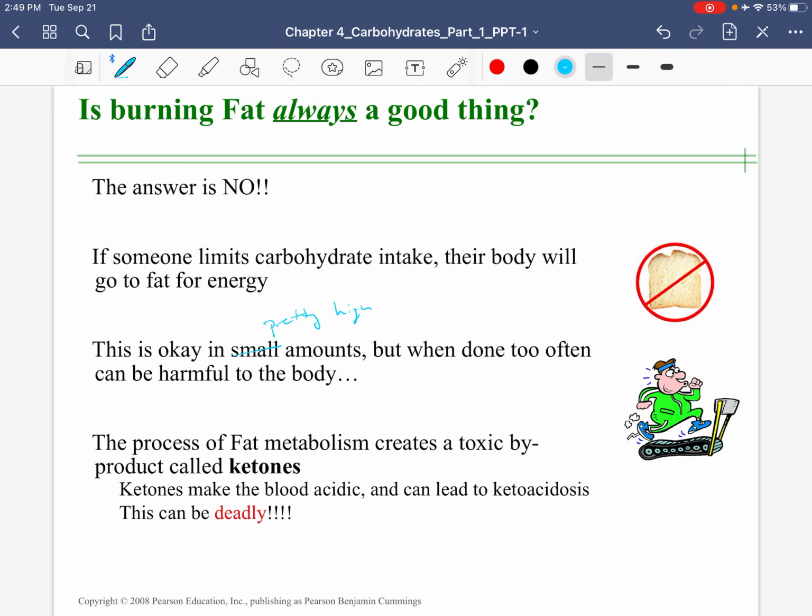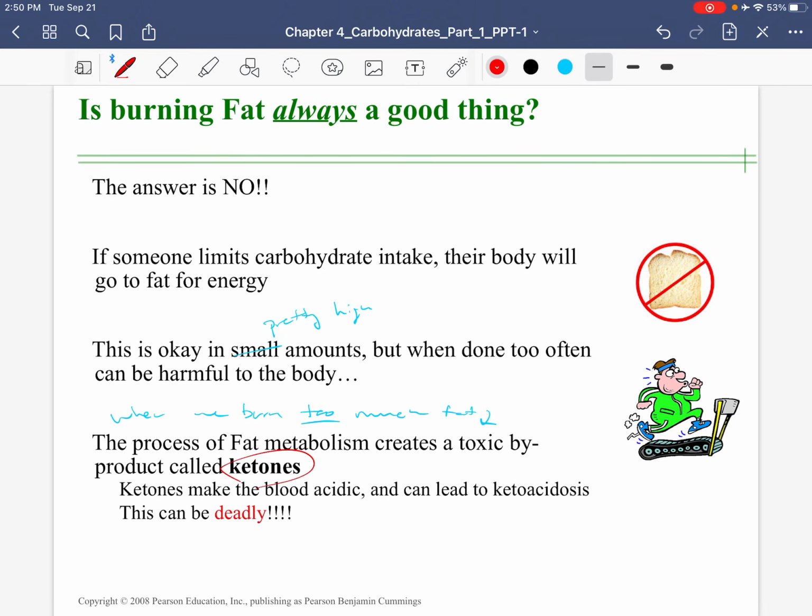One example of this would be a low-carb diet. When you burn too much fat, we have an accumulation of these byproducts called ketones.